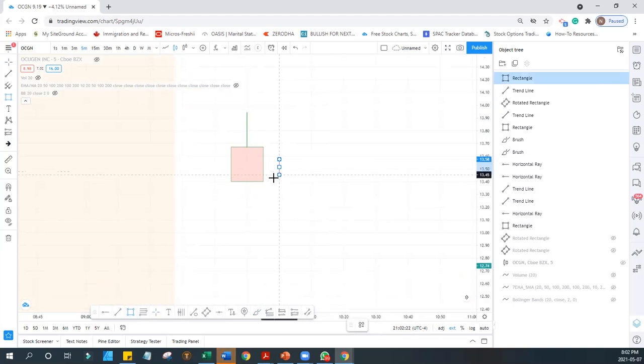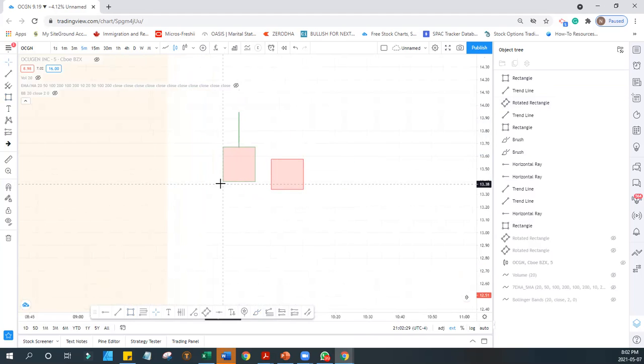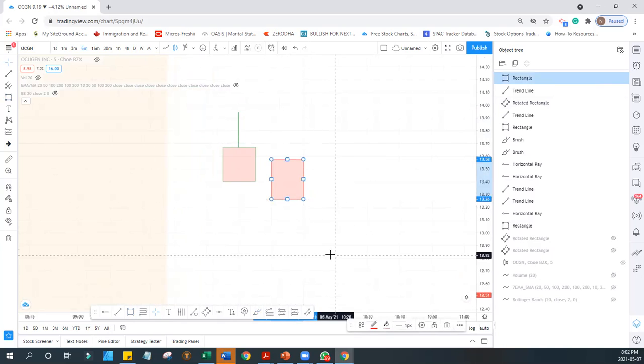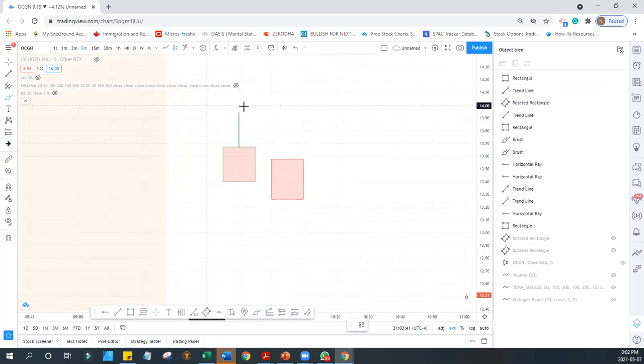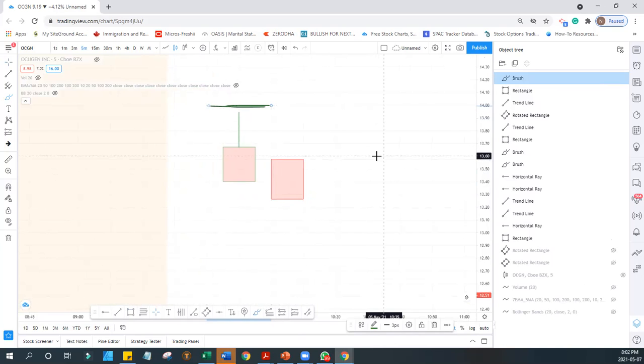If the next candle closes below the closing of this candle, then you can go short, and you can put your stop loss above this candle. Did everybody get it or not yet? Can you repeat it, Jigar?